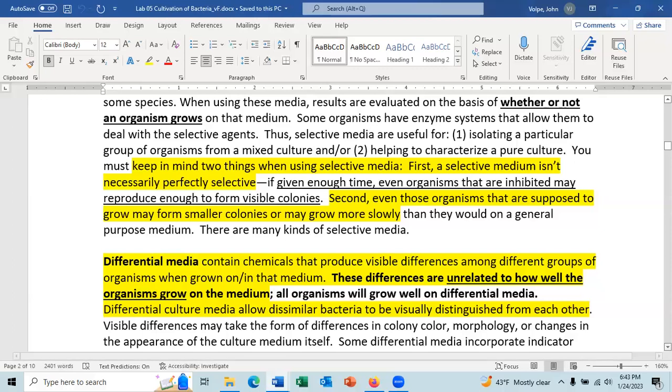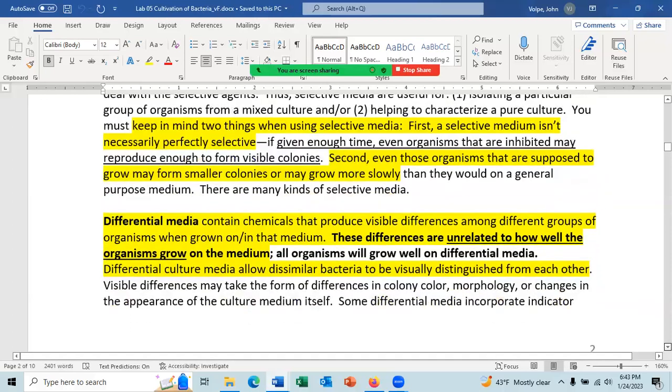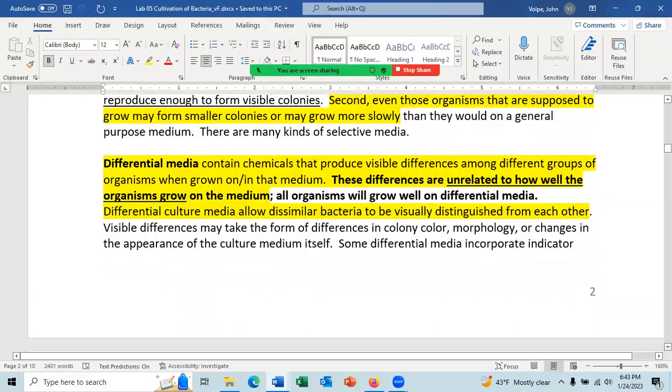All right, so there's selective media and then there's differential media. Differential media is a media that contains chemicals that produces visible differences among different groups of bacteria or organisms when they're grown on that media. The differences are unrelated to how well the organisms will grow on the media.